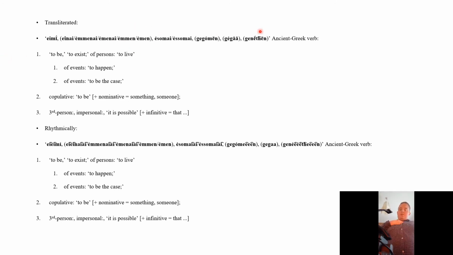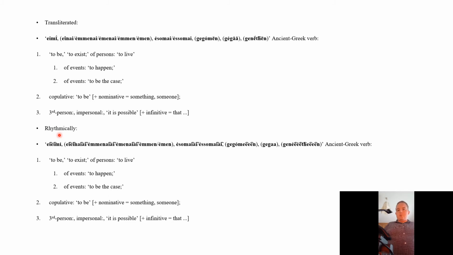And this is an ancient Greek verb, and it means to be, to exist, of persons, to live, of events, to happen, of events, to be the case, copulative, to be, plus nominative equals something, someone, third person impersonal, it is possible, plus infinitive equals that.